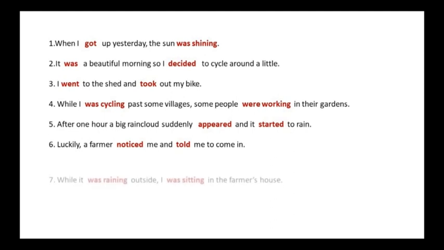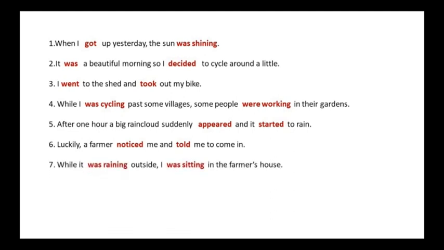He tells us his story. 7. While it was raining outside, I was sitting in the farmer's house. Again, we have two actions in progress happening at the same time. We have while again. It was raining. I was doing what? I was sitting. 8.